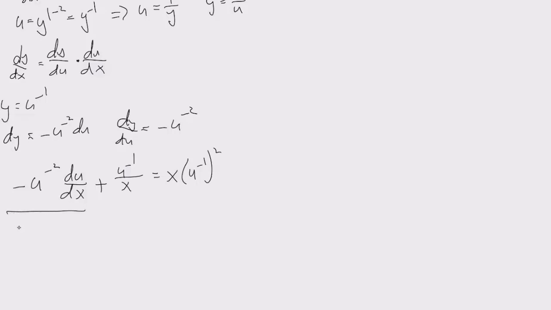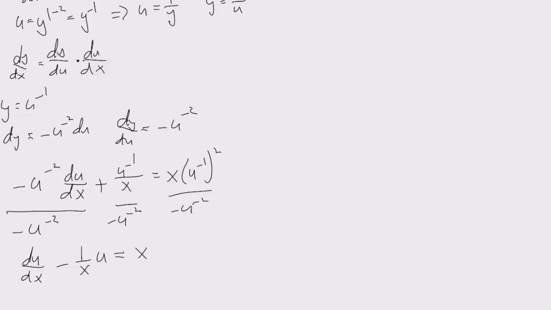So if I divide everybody by that, we end up with du/dx, and then u to the negative 1 divided by u to the negative 2 leaves the u up top, so it's minus 1 over x times u, and the whole expression on the right side simplifies down to x.